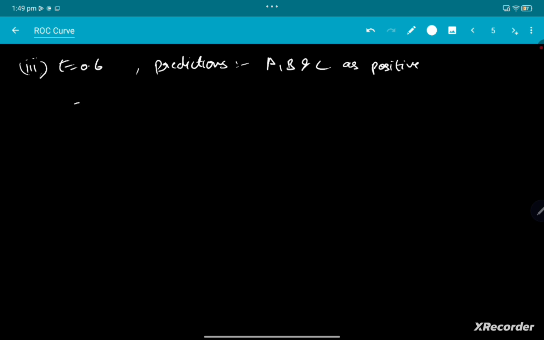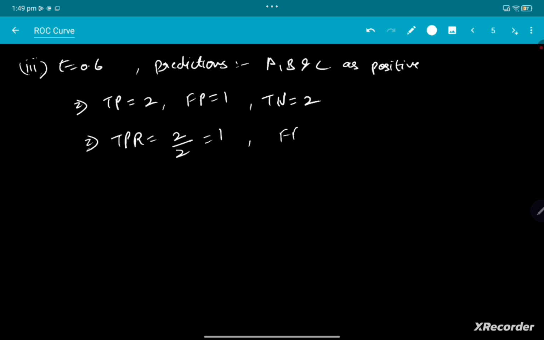So in this case, our true positive will be 2, our false positive will be 1, our true negative will be 2. So accordingly our TPR will be 2 by 2, which is equal to 1, and FPR will be equal to 1 over 3. So now this will again give us a coordinate which is 1 over 3 comma 1.